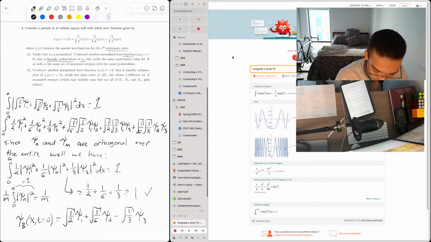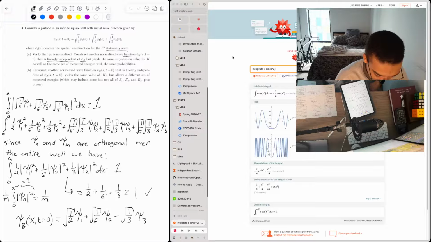So E1, you have a factor of E1 on all of them. So it's going to be E1 root 1/2 E1. And then, oh, it's squared. It's going to be 1/2 E1 plus 4/6 E1 plus E3, no, E1 plus E1, 3/2 root 4/6, 2/3.